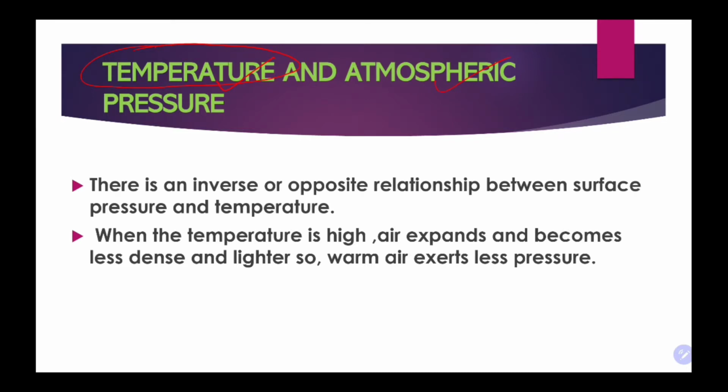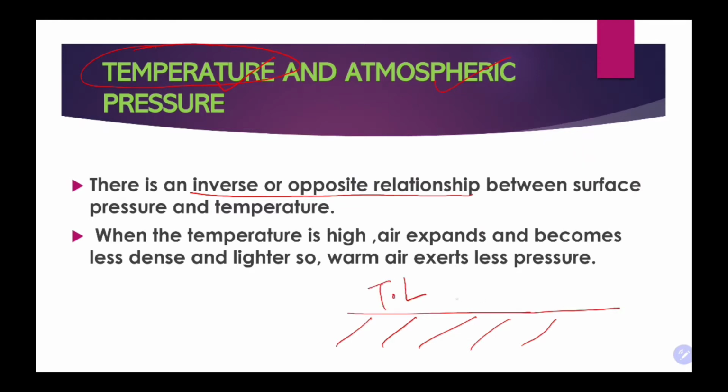Here we can see there is an inverse or opposite relationship between surface pressure and temperature. This means on the surface of the earth anywhere, if the temperature is low, the air will be cold and will exert more pressure.